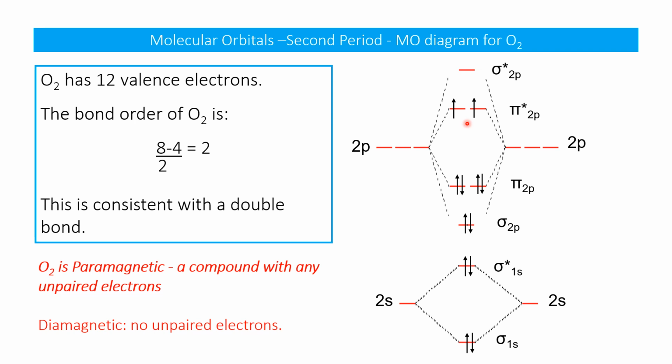Yet when we do the experiment, we see that paramagnetism exists, i.e. a compound with unpaired electrons. And herein is definite proof of the paramagnetism of dioxygen.